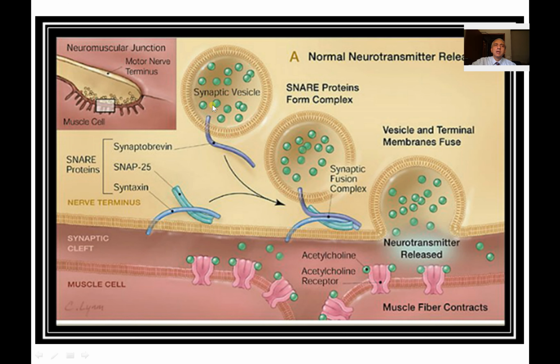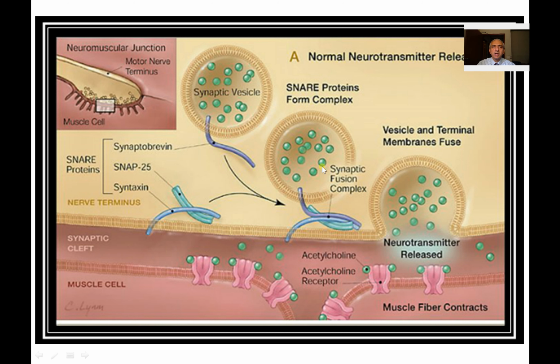Here you can see the normal sequence of events in a nerve ending. You've got the synaptic vesicles which are filled with acetylcholine, and these, when they near the membrane of the nerve ending, bind to the synaptic fusion complex, which is formed of SNARE proteins composed of synaptobrevin, SNAP25, and syntaxin.